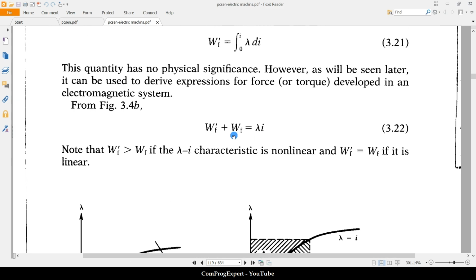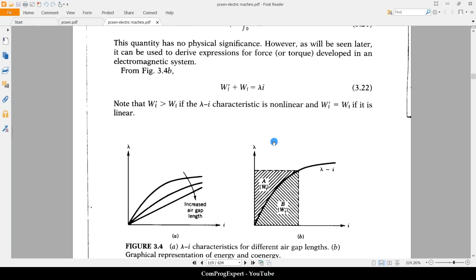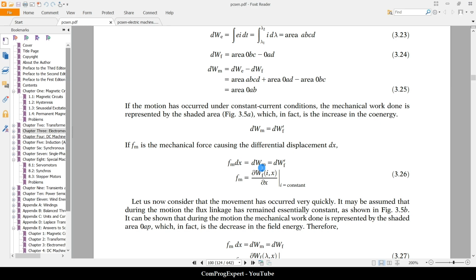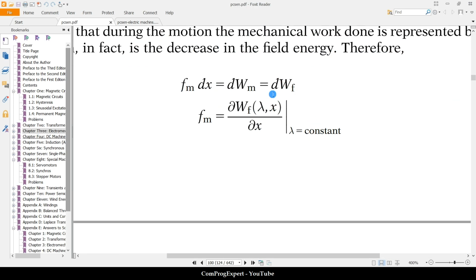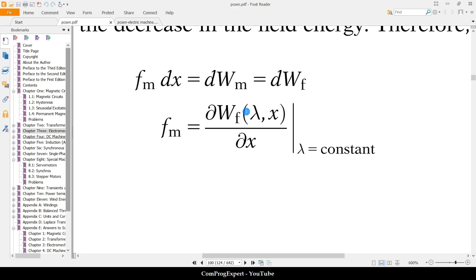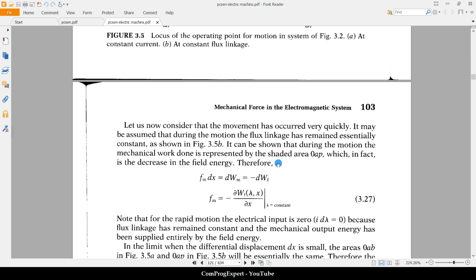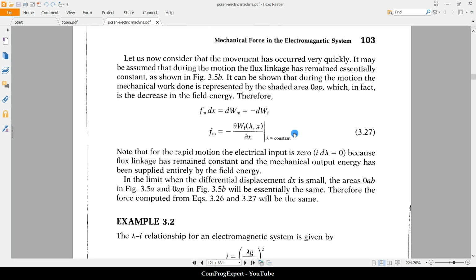This is the correct one in the second edition. And also here you can see the right typo error. We had another equation for calculation of the force using the energy function. We should have a negative sign here. So in the second edition, you can see the correct equation.